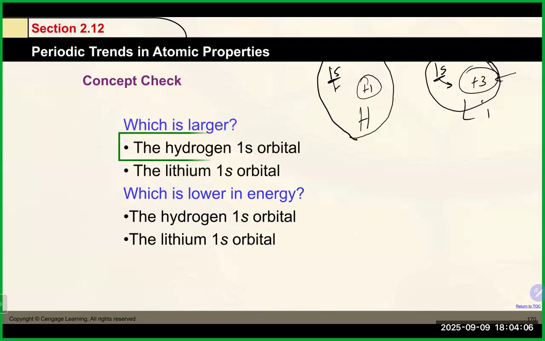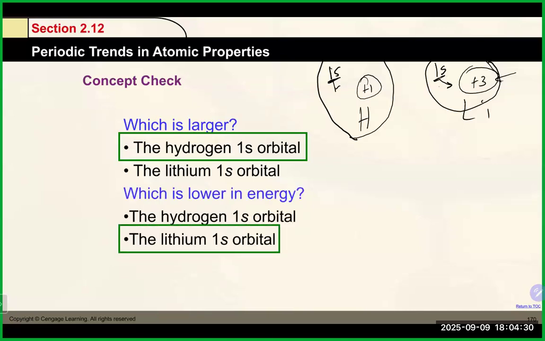So our hydrogen 1s orbital should be the larger one because of that, because again, that +3 charge in lithium should bring that s orbital closer in, giving it an overall size much smaller. Now, that also plays into really the second question, which is which one should be lower in energy? And the lower in energy should be the lithium in this case, really for the same reason.